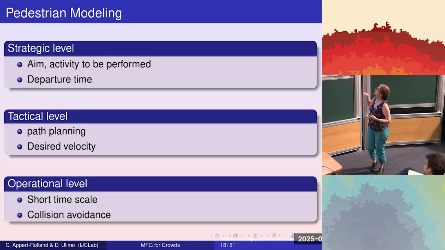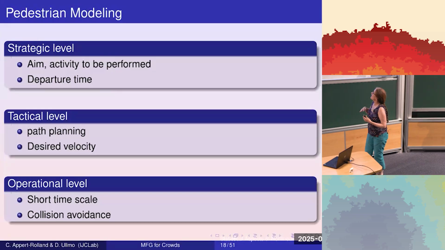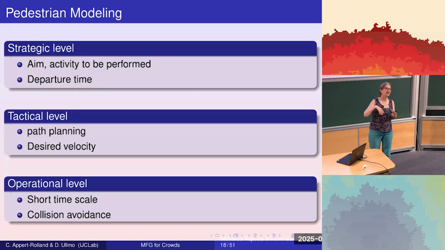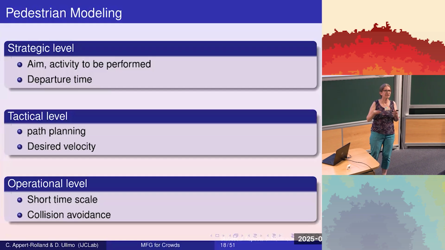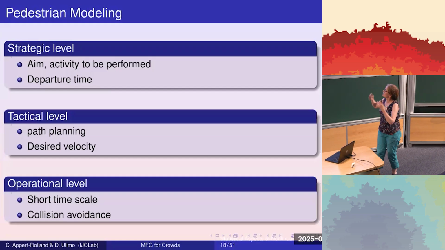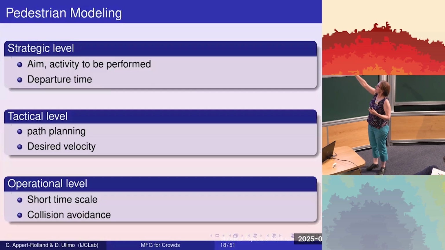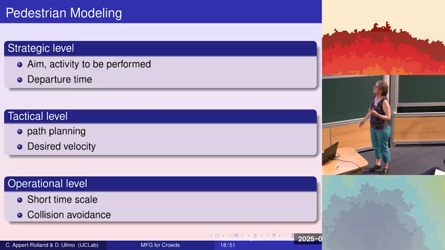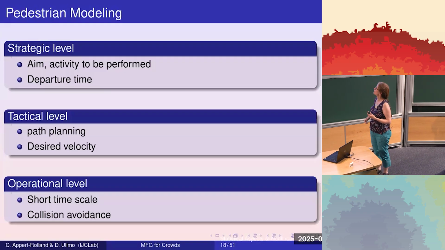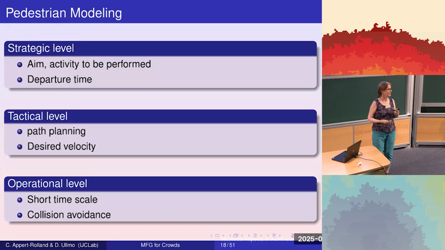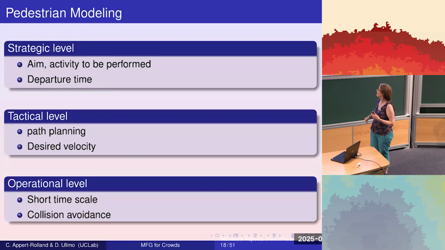The strategic level is, for example, I need to go to my work, and I have some flexibility on the departure time, but still I should not travel after 9 a.m. And then you have the tactical level. There I decide, okay, I will take this street, cross this square, and take the stairs, and so on. In practice, this provides a desired velocity along your path.